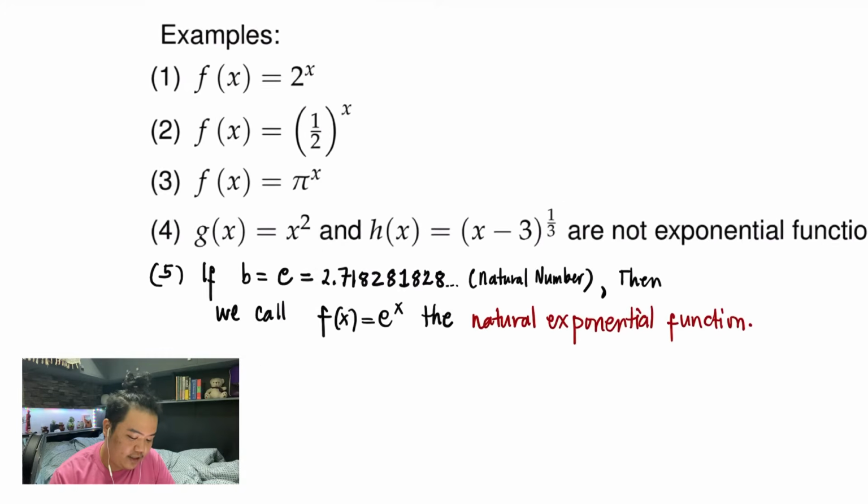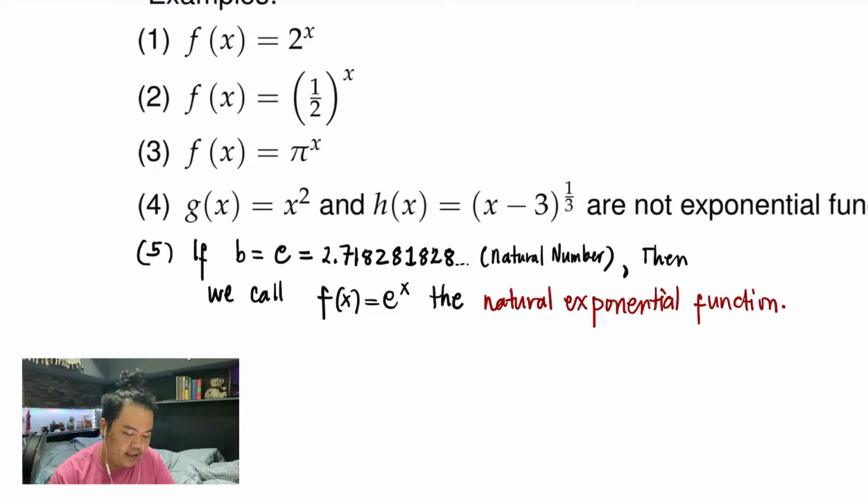And we have here another example, a very important, hindi naman actually important siya because ma-encounter nyo siya especially in Math 21. So if your base is e, and we call e the natural number, it is an irrational real number whose value is 2.71828 something something. It is irrational. So this decimal is non-repeating, non-terminating.